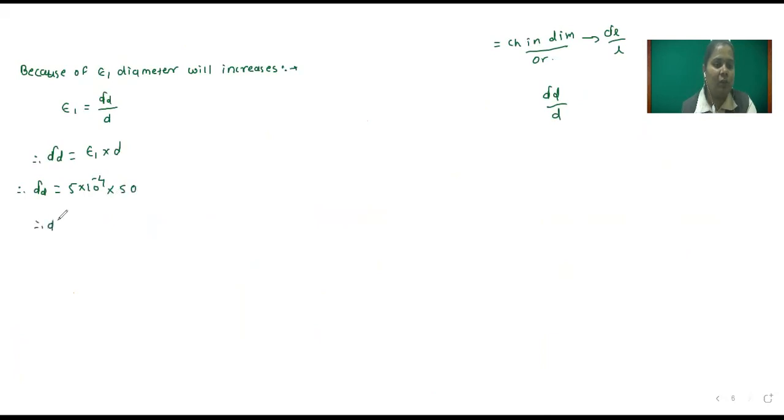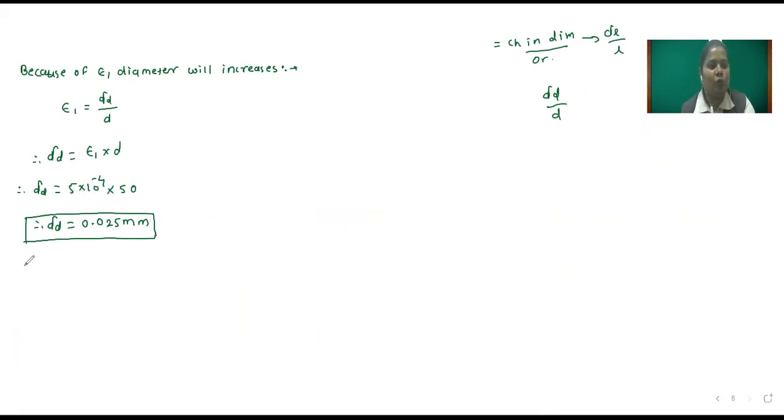So del D is equal to how much? 0.025 mm. So this change in diameter is due to epsilon 1.